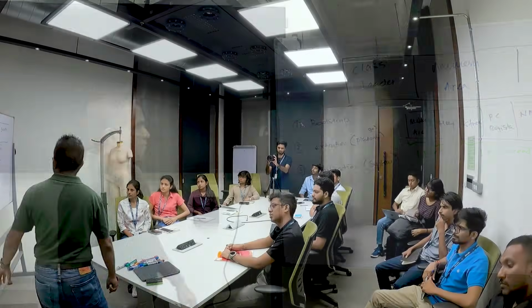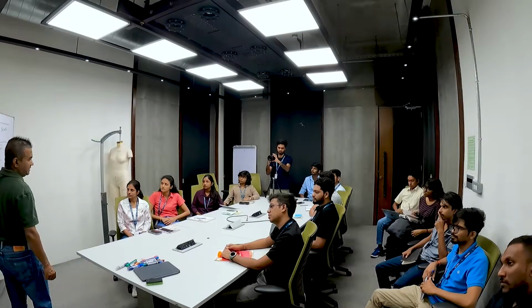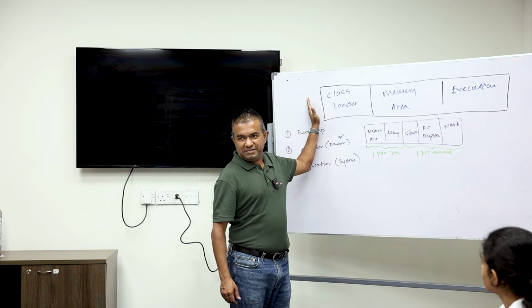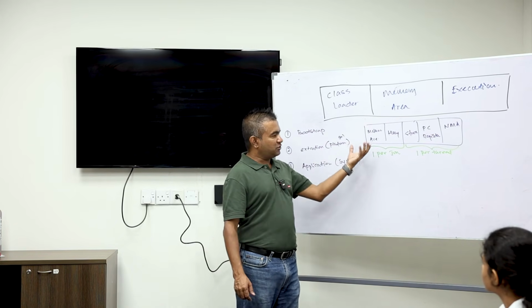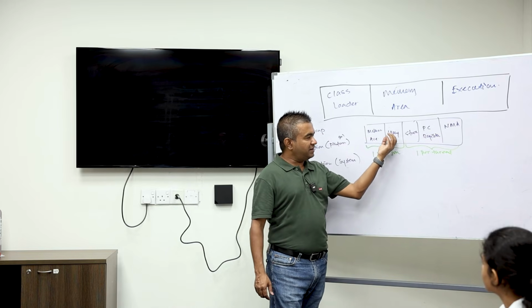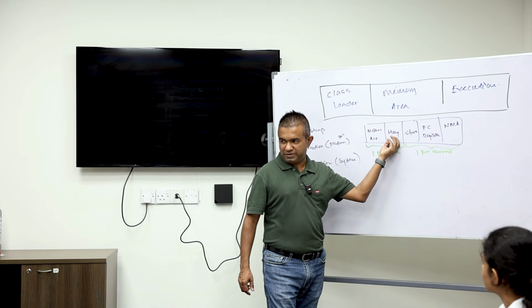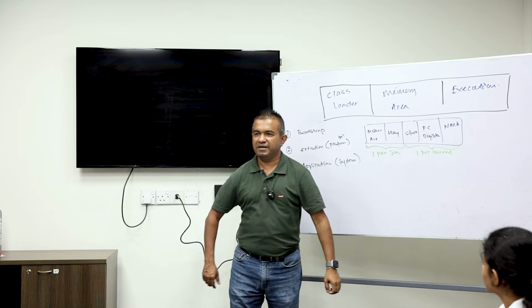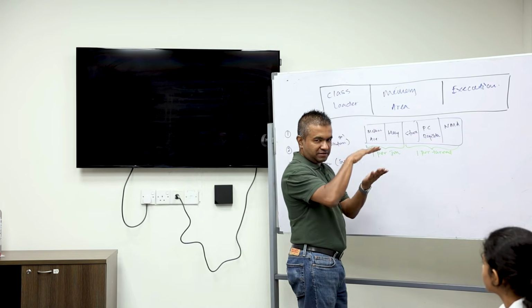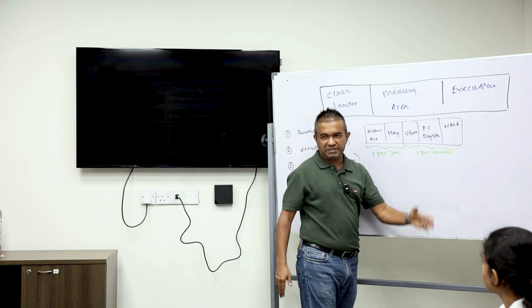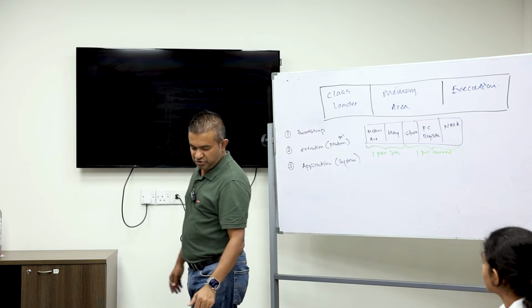The method area loads the class and keeps all the metadata information. Then the heap is used for objects, the stack is used for method and variable information and the method stack trace, and the PC register holds the current execution.